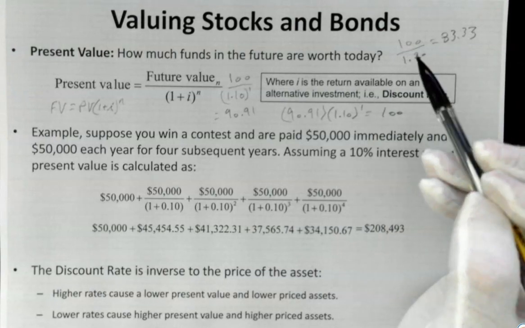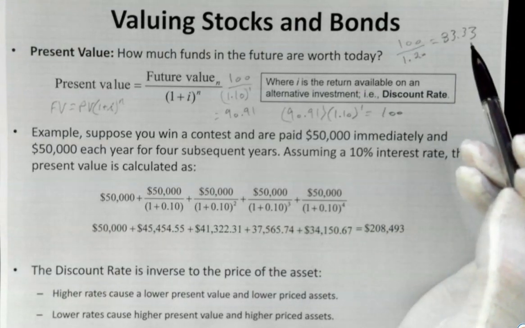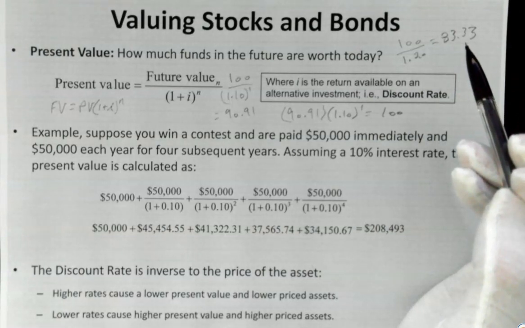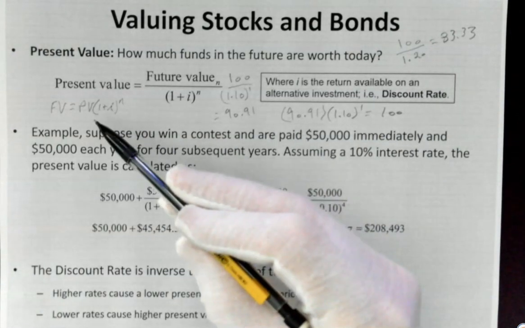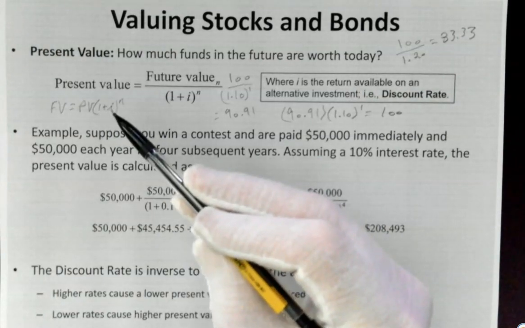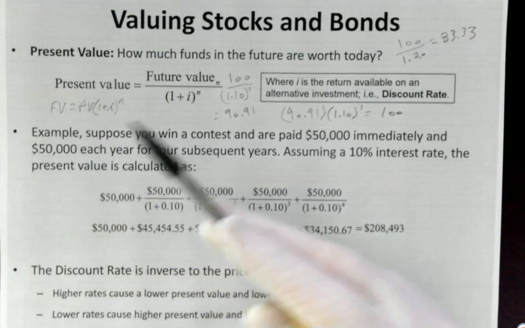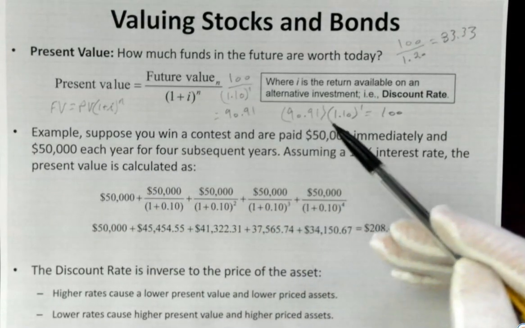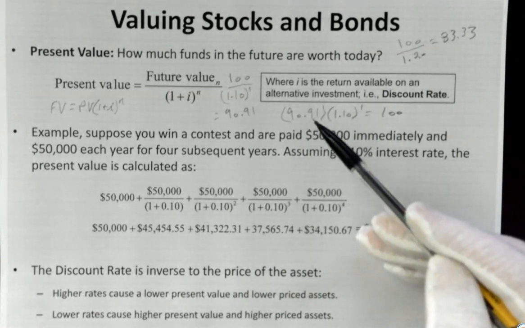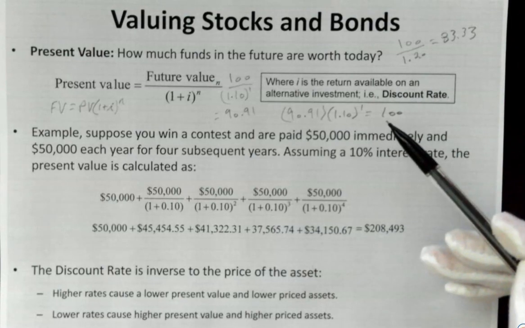Because if interest rates are 20% in the economy, you only need $83.33 today to turn that into, at 20% interest, $100 a year from now. Whereas if interest rates were 10%, then you needed $90.91 today in order to turn that into $100 a year from now.